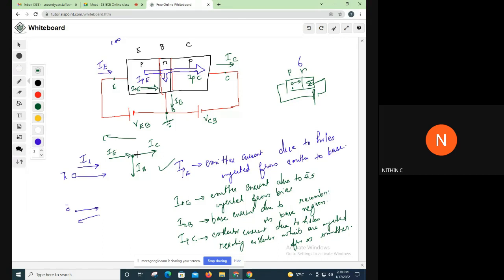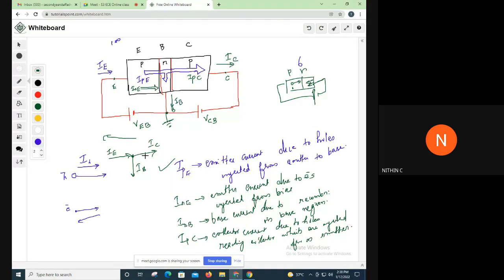You should not give the same sign to all the currents. Either current entering the node should be given positive and leaving the node negative, or else you can write it as the sum of currents entering the node is equal to the sum of currents leaving the node. So the expression just said is wrong. Yes, we can write like that: IE is equal to IC plus IB.